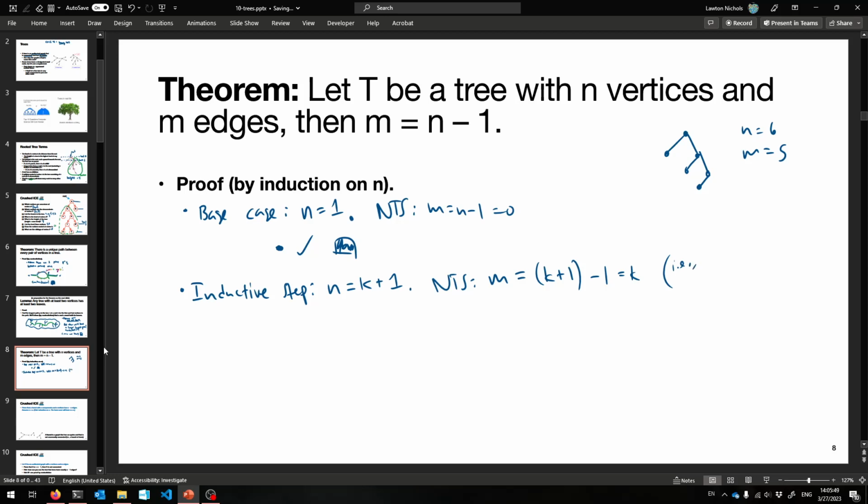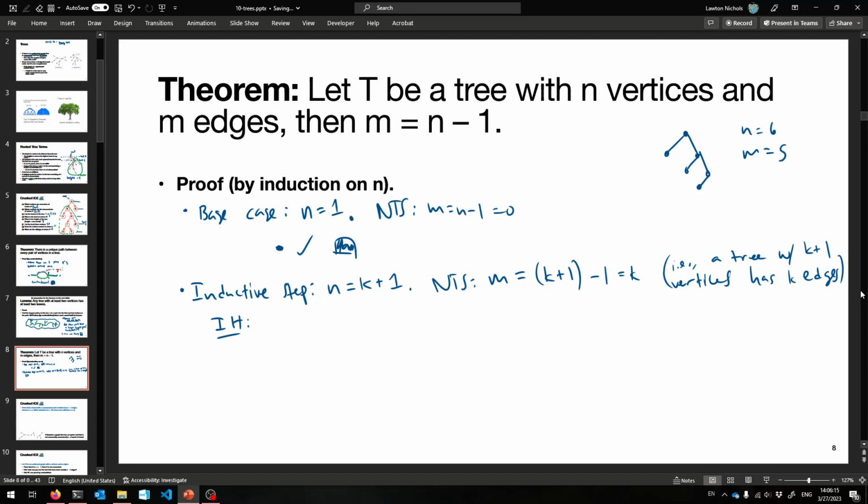A tree with k plus 1 vertices must have k edges. That's what we need to show. And this is induction, so we can use the fact that a size k tree must have k minus 1 edges. That's our inductive hypothesis that we get to use.